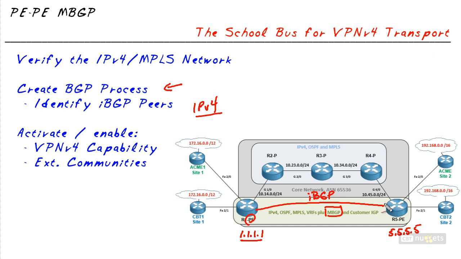So the next thing we're going to do is activate VPNv4 capability between R1 and R5. And now when we do that, those BGP neighbors are going to be supporting VPNv4, those VPN routes that have that VPN label on them, as well as native IPv4 if we want to use that.